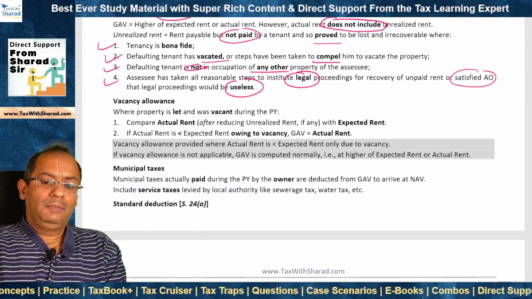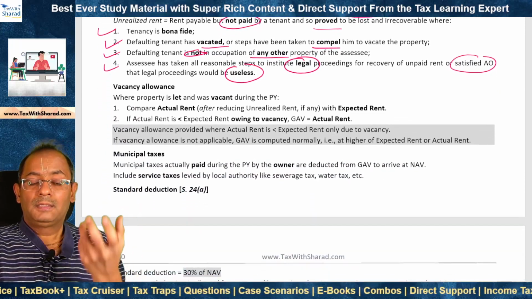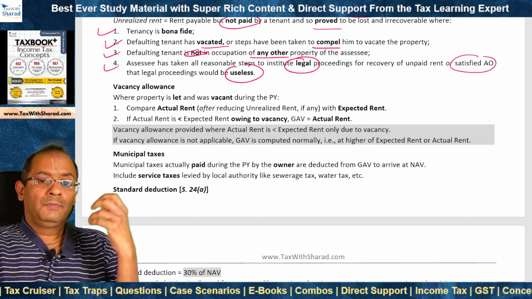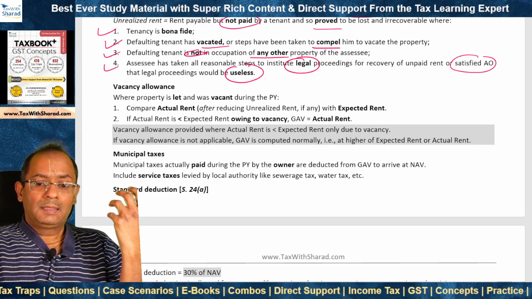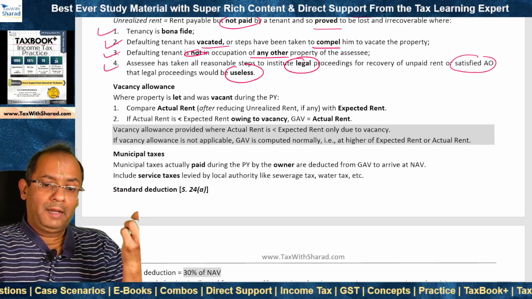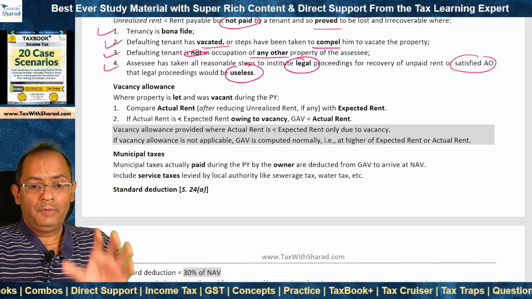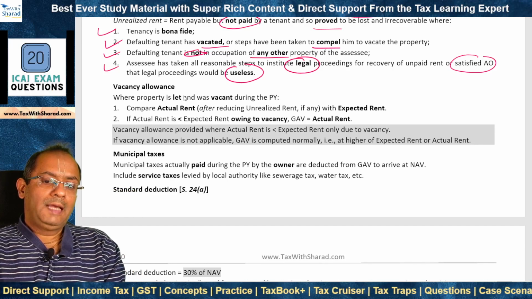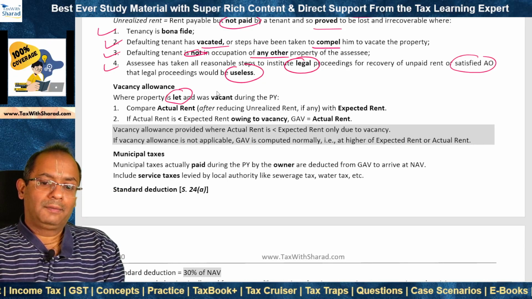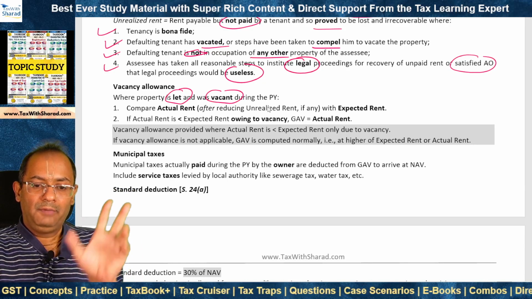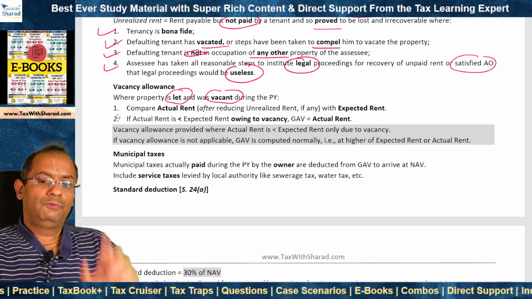We have noted above in the master chart that vacancy allowance is also available in certain cases. Normally the GAV is higher of expected rent or actual rent, but where vacancy allowance is available, then GAV is equal to actual rent. This is applicable when the property is let and is vacant during the previous year. In that case, we need to follow 2 steps.